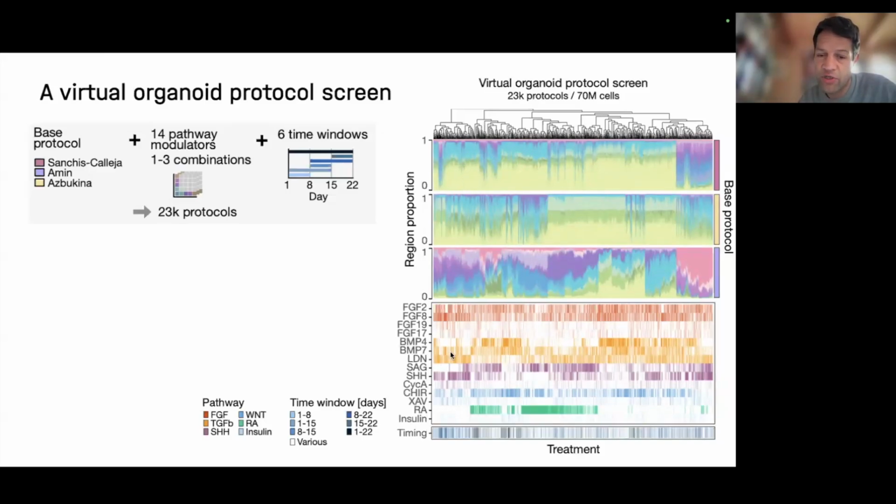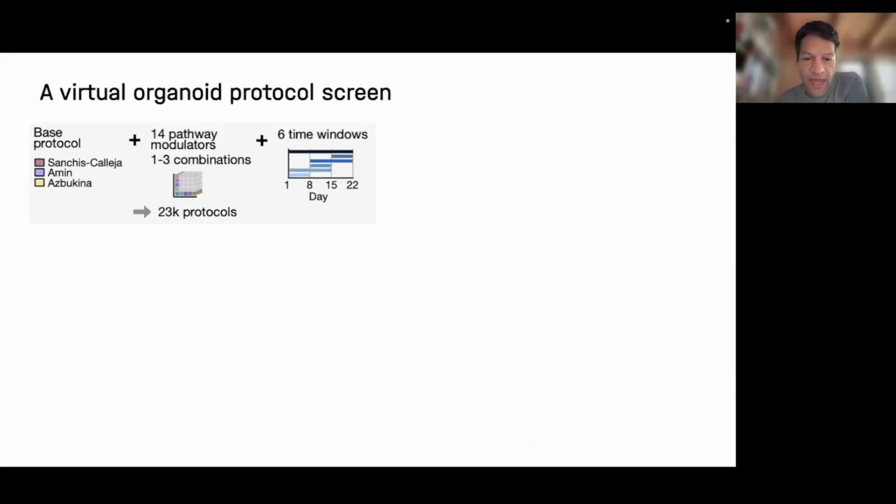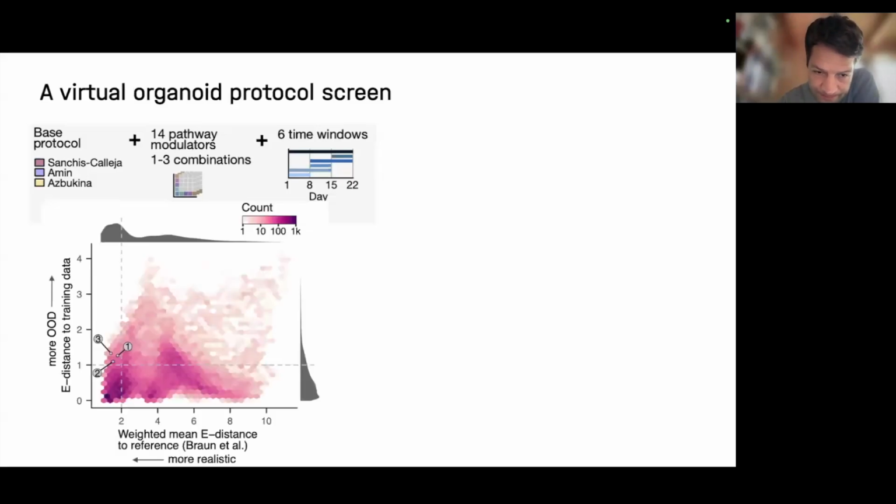And we see different proportions across these different factors. So it's really interesting now to see, hey, what would those protocols do? Which one do you pick? For that, we looked at what cell populations these different protocols give rise to. And of course, these protocols come with errors. We could include them a bit more, but for now, we just quantify two things.